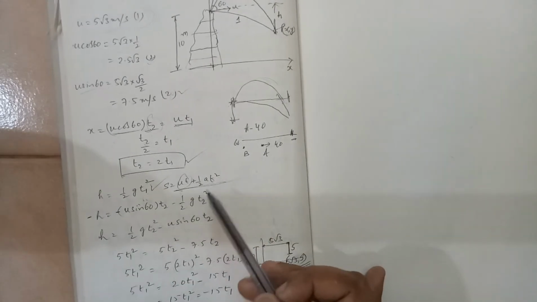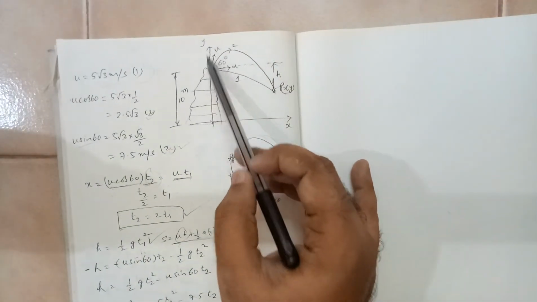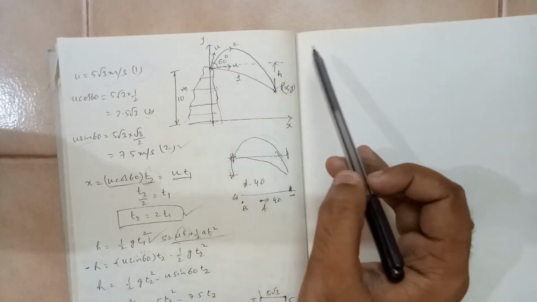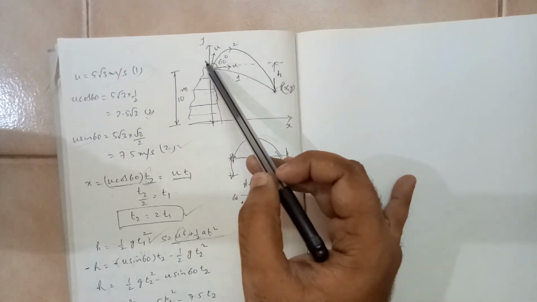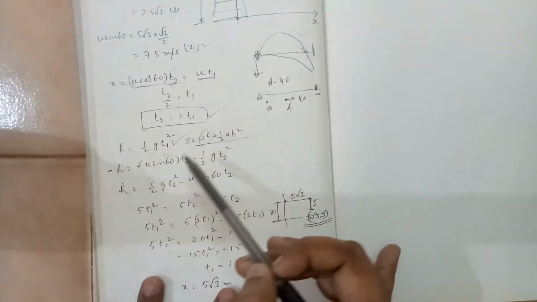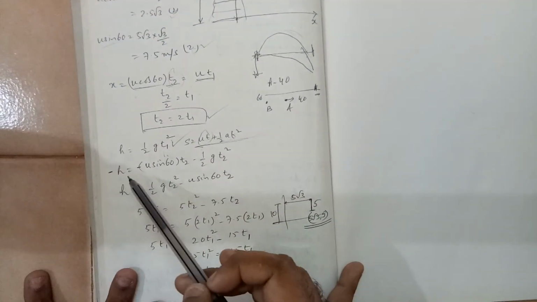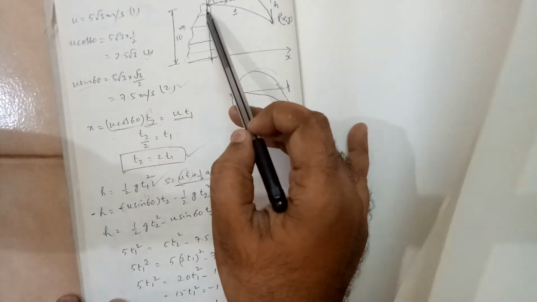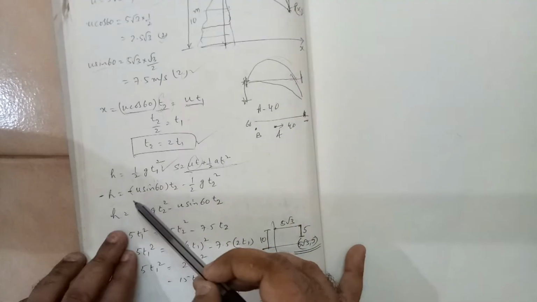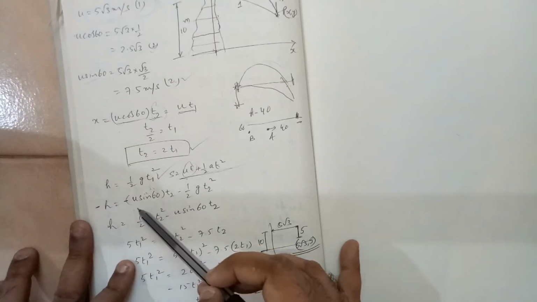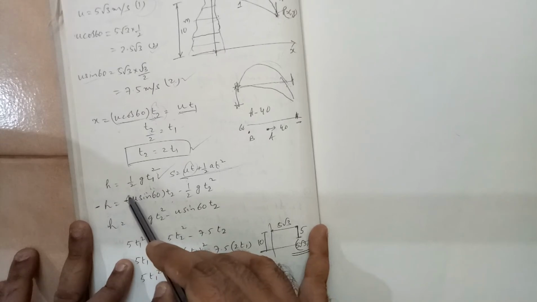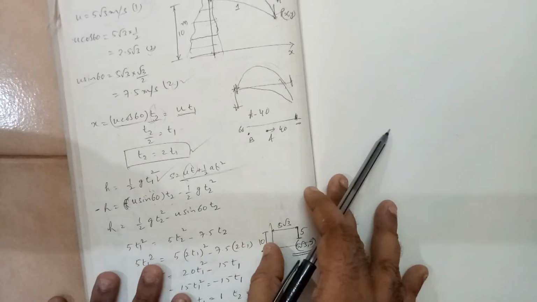For the second one, u sin 60 is in the upward direction. So this velocity is positive, g will be negative, and displacement also is negative. If you want to write the equation, you have to write with the sign convention. Displacement with respect to this point is in the downward direction, so it will be minus h, and the velocity will be u sin 60 into t2 minus half g t2 square.